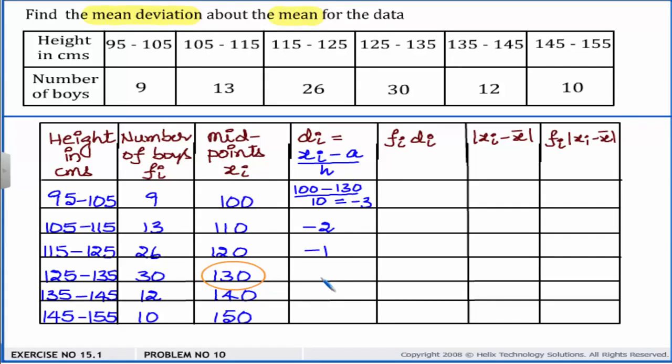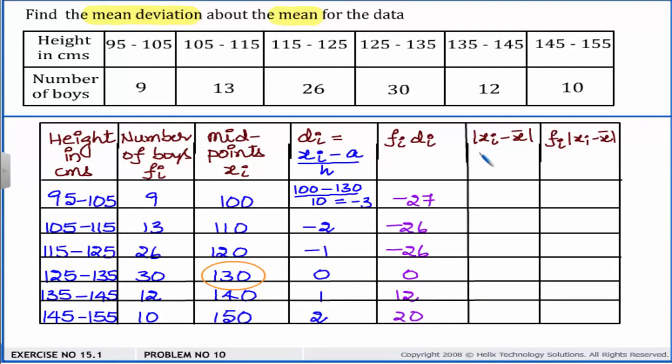And here you'll get 0 and here you'll get 1. In a similar way, here you'll get 2. Now let us find the product of fi and di. Here we will be getting 9 into minus 3, which is equal to minus 27, 13 into minus 2, which is minus 26, 26 into minus 1, that is minus 26, 30 into 0, that is 0, 12 into 1, that is 12, and 10 into 2, that is 20.